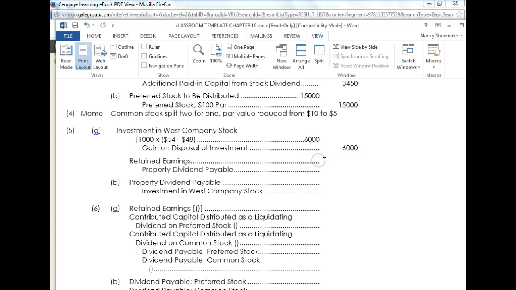Then, as far as the retained earnings go, we've got 54,000 is going to be debited from retained earnings, 54,000 in property dividends payable, and then when we issue it, we're going to have a dividend, 54,000, and then a credit to investment in West Company stock.